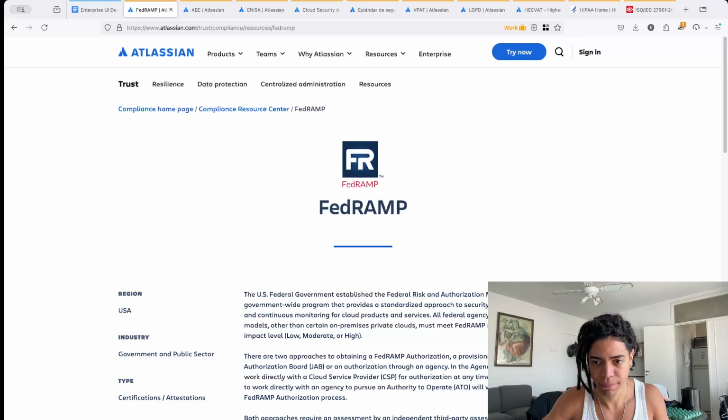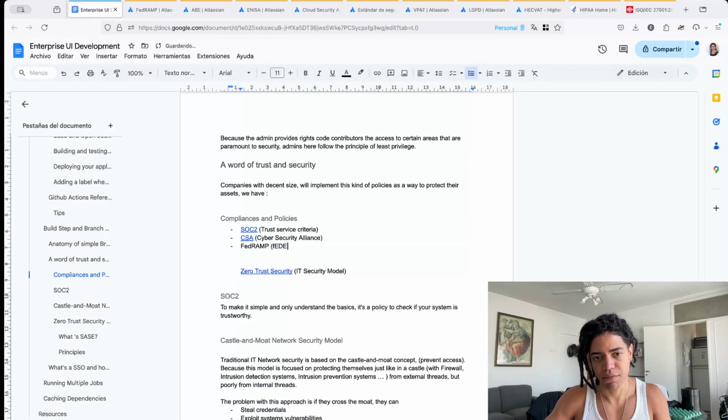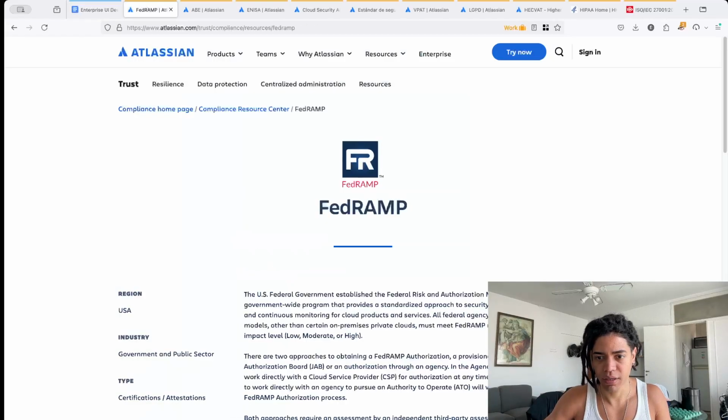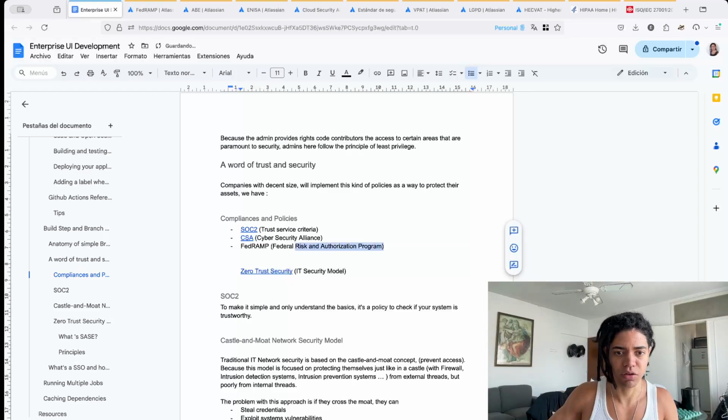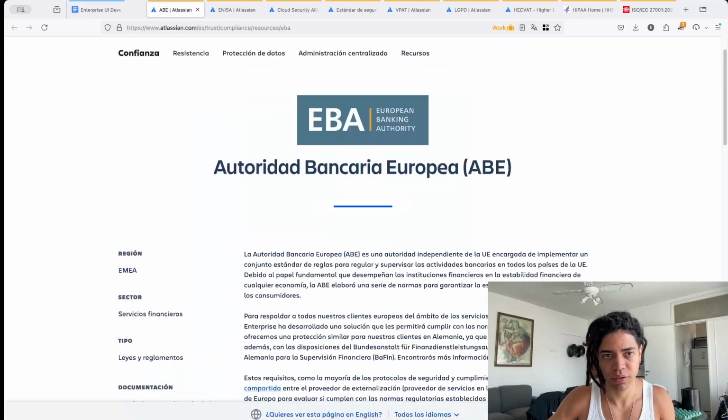FedRAMP. Federal Risk Authorization Management Program. Federal risk and authorization program. Of course, in the US. That's right. That's why a lot of people actually did this.